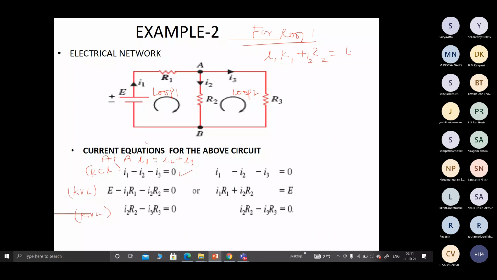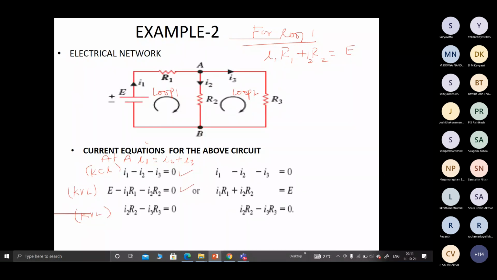What is the applied voltage? E. Correct? I1 times R1 plus I2 times R2 equals E. Or rearrange, and you get the second equation: E minus I1 R1 minus I2 R2.